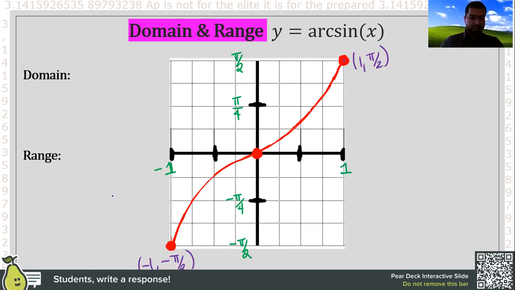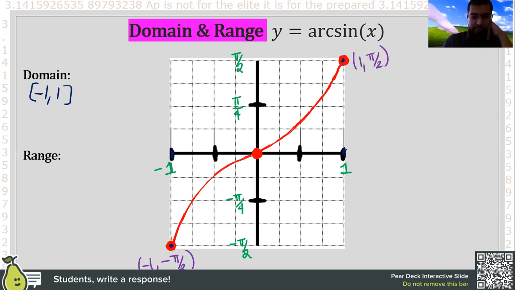So I want to stress this point right here and this point right here. We know that the graph ends at those points. It is restricted. It is limited to these points. So the only interval where this graph exists is from negative 1 on the left all the way to 1 on the right. That's how far you can go to the left, and that's how far you can go to the right.